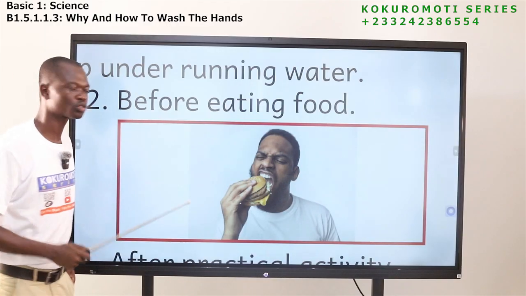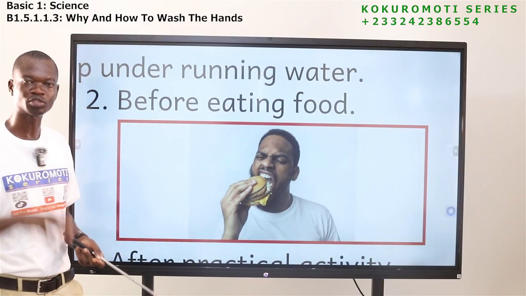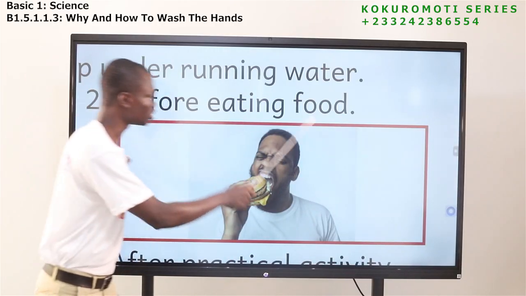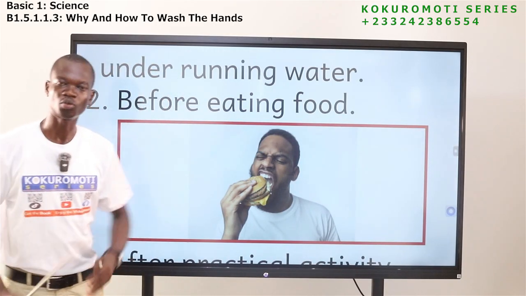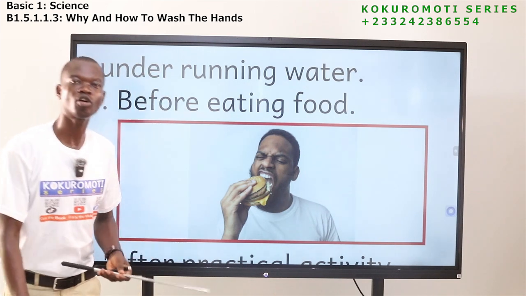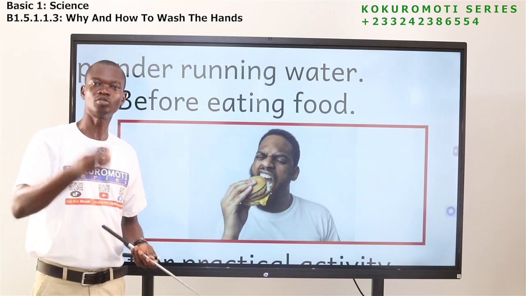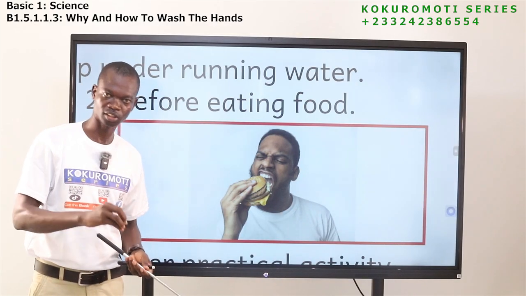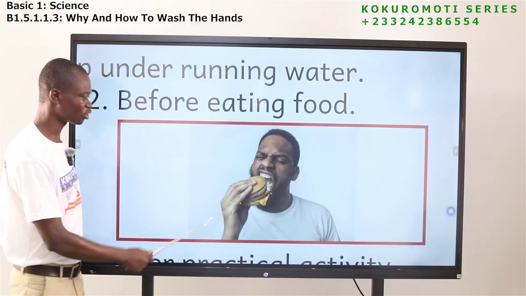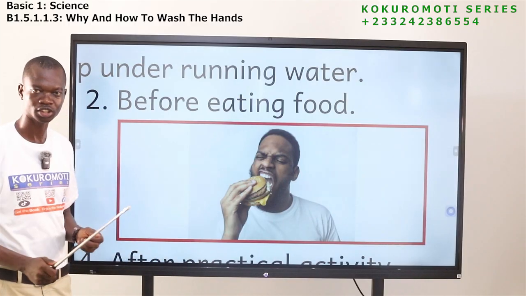So we use our hands to eat food, and because of that, we need to wash what? Our hands. So before eating food, if I ask you, when must you wash your hands? You must wash your hands before eating food, or before you eat what? Food. Do you understand it? Okay, so before you eat, make sure your hands are washed.